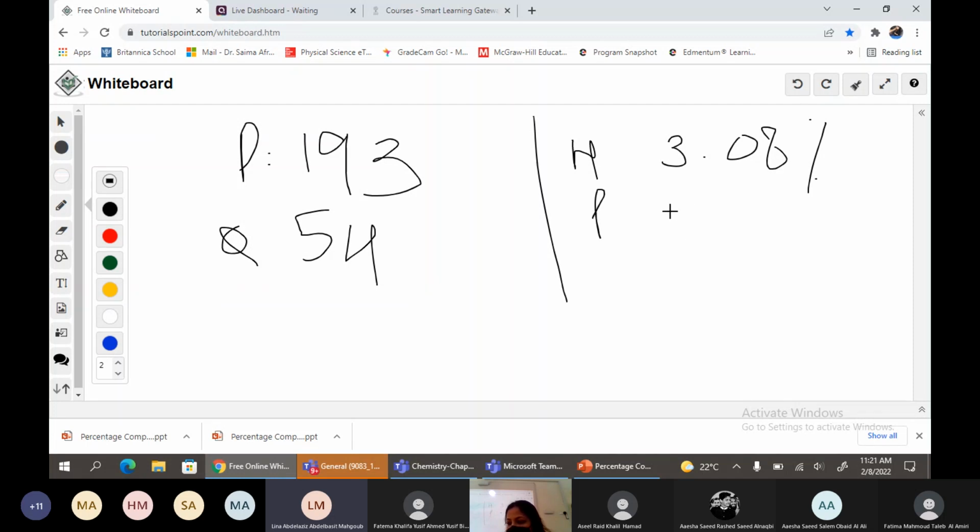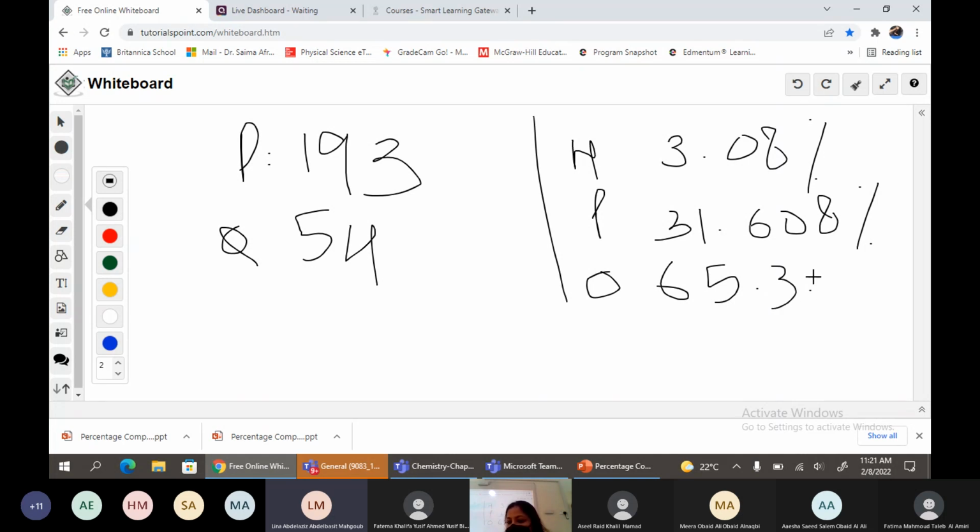Phosphorus, 31.608%. Very good, Asil. So oxygen, she calculated 65. If you add them all, what will it be? When you add 65 plus 31 plus 3, you will end up with something like 99.9 or 100. It means that your answers are correct. This is the way you can see if your answer is correct or not.